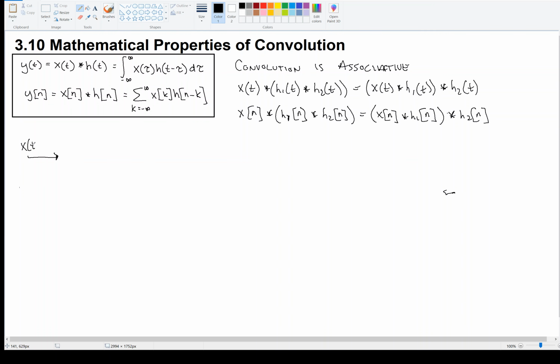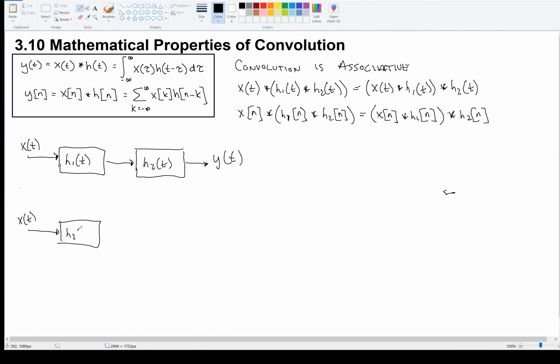Let's say, and I'll just draw it for continuous time, I have an input to a series of two LTI systems with impulse responses H1 and H2. Okay, it turns out then if the associative property holds, which it does, I can switch the order of these two systems and get the same thing out.